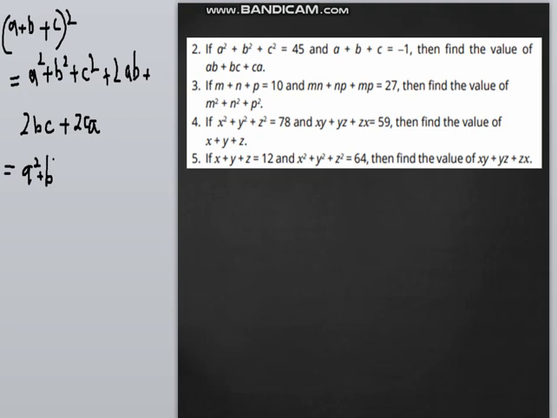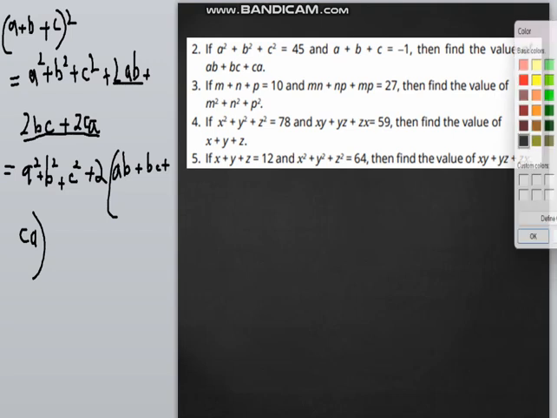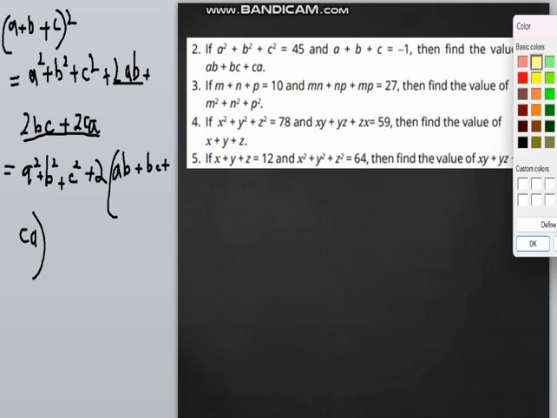So a squared plus b squared plus c squared, then 2 is common in these three: 2 times (ab plus bc plus ca). You see why I did that. So let's get to the question again.